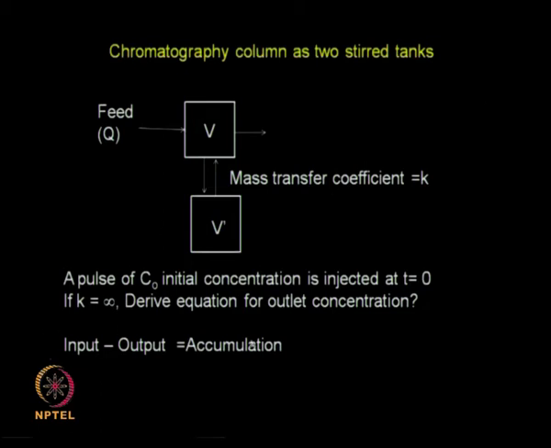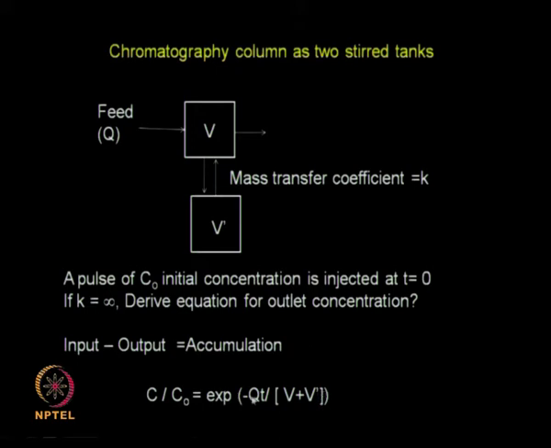Now again we take input minus output equal to accumulation, and when you do that we will end up with an equation like this: C by C0 equal to exponent of minus Qt divided by (V plus V dash).